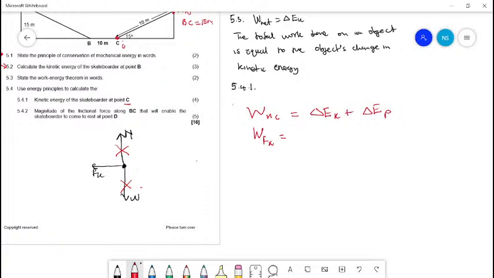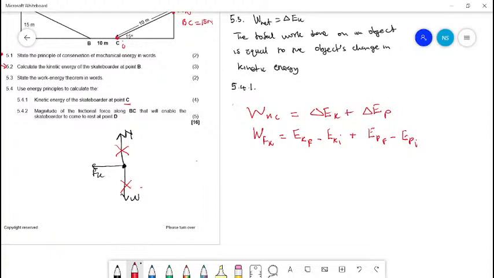This is EK final minus EK initial, plus EP final minus EP initial, in that fashion. So now we have that equation that we try to expand.